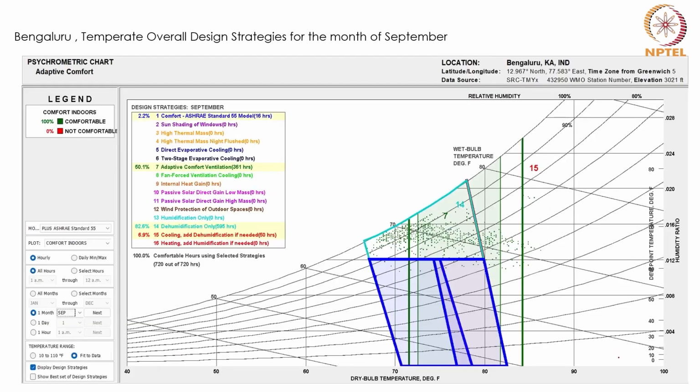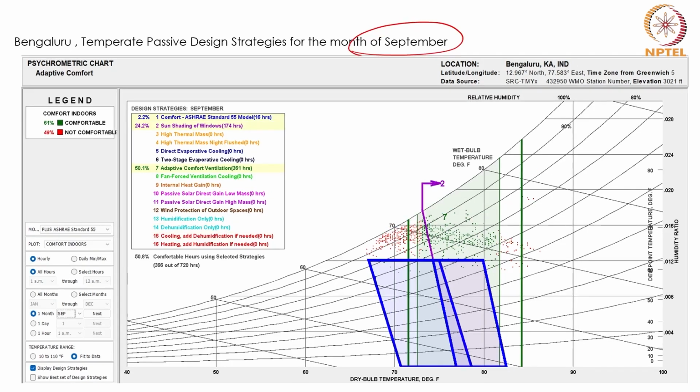Now let us see what happens for the September solstice period. For the September solstice period, left to itself, 16 hours, you can see the red dots not being inside the comfort zone.